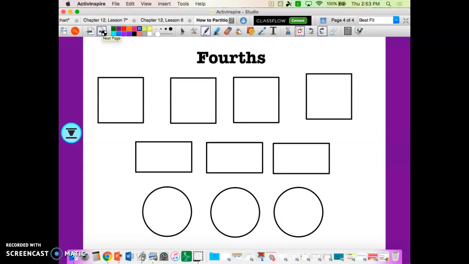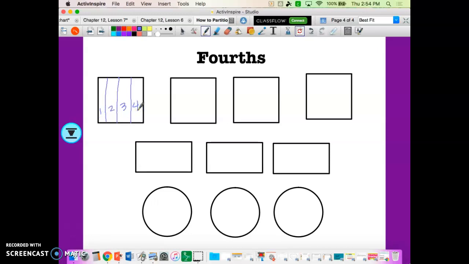Then we get into fourths. Our square has the most ways to partition into fourths. Our square, I could partition it horizontally, and I told them the easiest way when I'm doing my squares and rectangles into 4 straight pieces is to first cut it in half and then go back and put each half into half. So then I end up with 4 pieces.